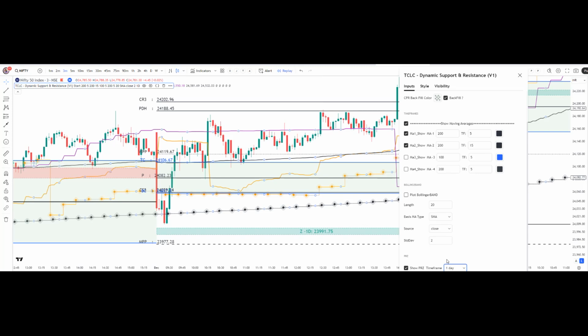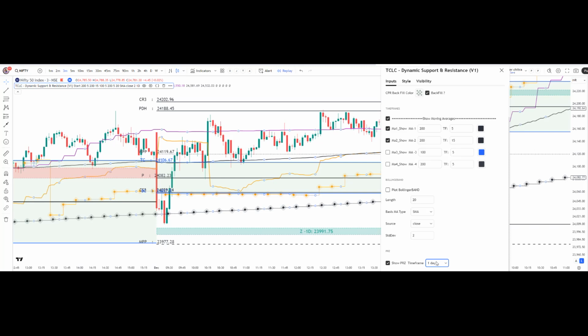You can select weekly or even monthly in order to know the higher time frame PRZ levels, by clicking on week or month. Here it is daily, and if you click, the weekly and monthly options will be there. You can select anything according to your preference. I have selected daily.